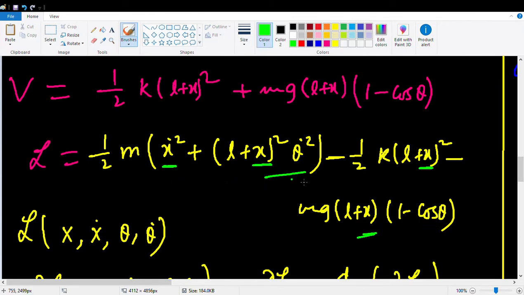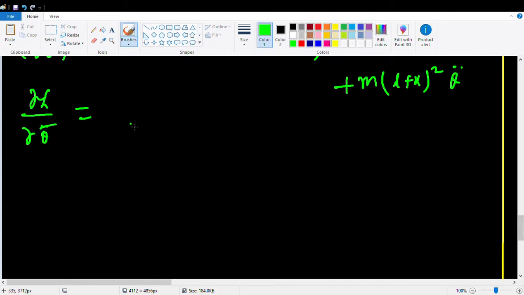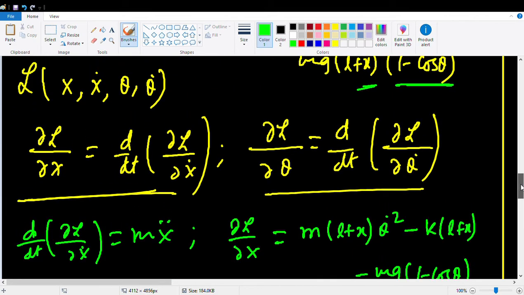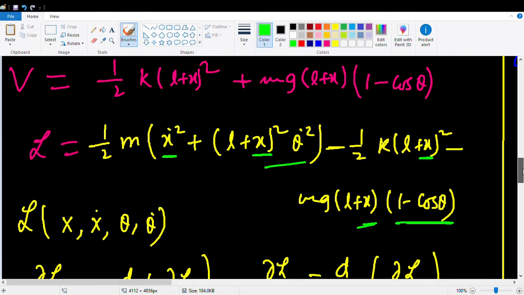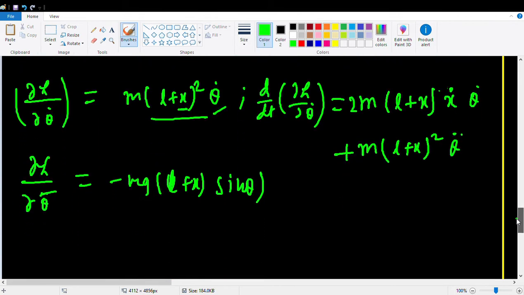Theta is involved not here, just here. So it will give me minus, minus becomes plus, cos theta has a derivative that gives me minus sine theta. So it will give me minus mg L plus x sine theta. Anywhere it will appear except this? Well, nowhere. So now I have to equate this and this.